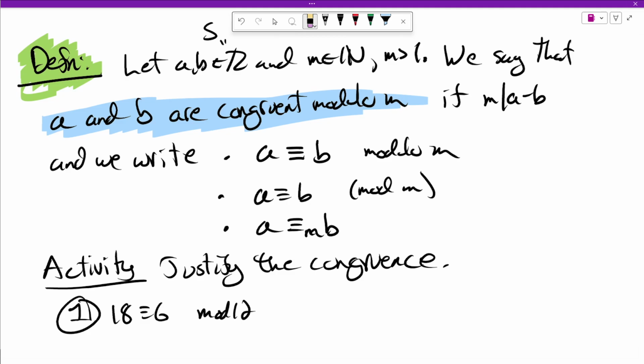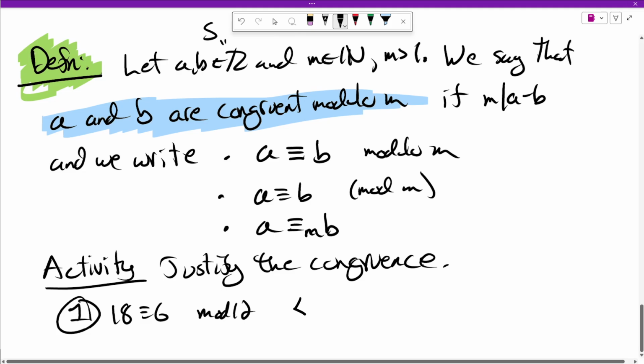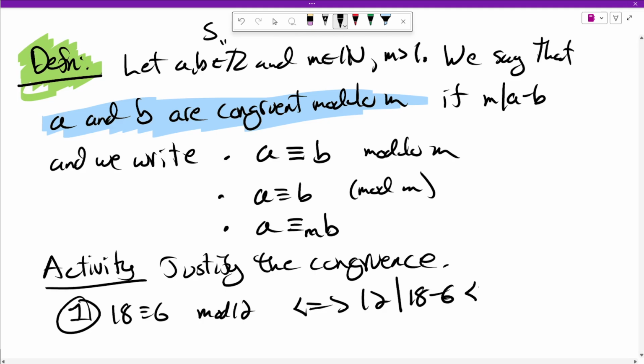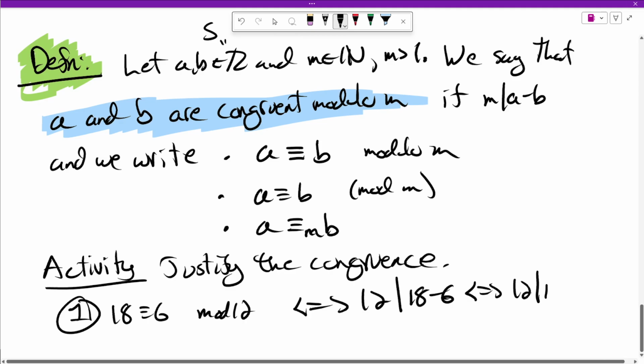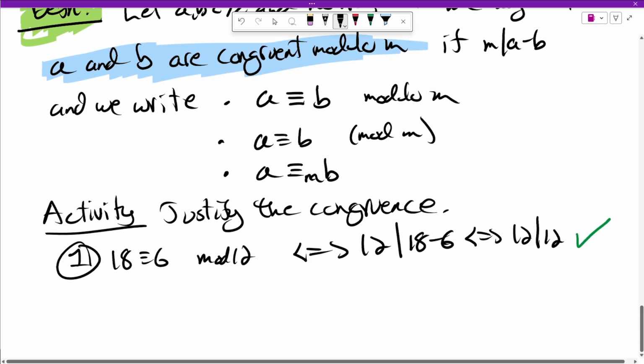When we write 18 is congruent to 6 mod 12, what we're saying is that 12 should divide 18 minus 6. And that statement itself is the same as saying 12 divides 12, which is certainly true. Every number divides itself. So that's us justifying the congruence 18 is congruent to 6 mod 12.